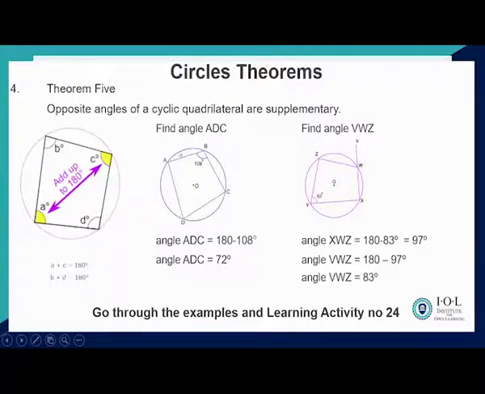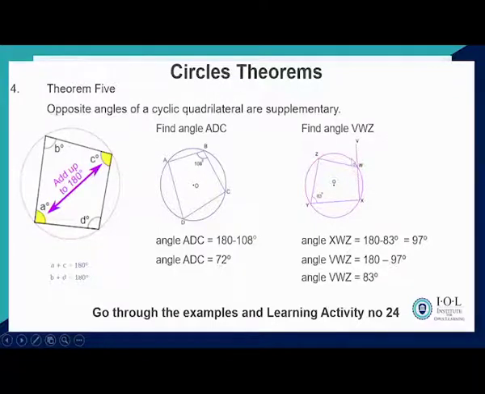So D, in our first example, D will be 180 minus 108. In the next example, ZWX, that inside triangle there, that will be 180 minus the 83. And the VWZ will be 180 minus this one.